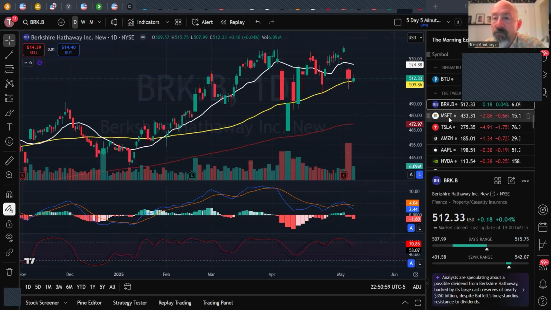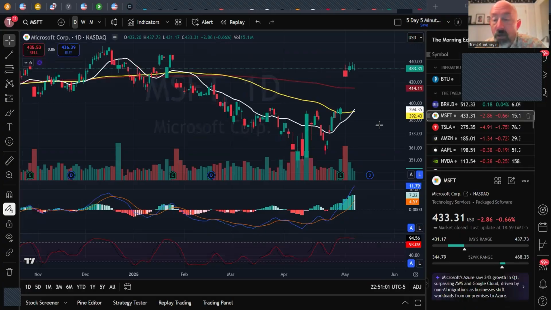Take that into account. Microsoft is way above the intermediate trend line. This is really becoming more of a bullish confirmation. The trade trend line is passing through the intermediate trend line, and the stock is trading above the 200-day. That's really strong. The MACD is very positive.